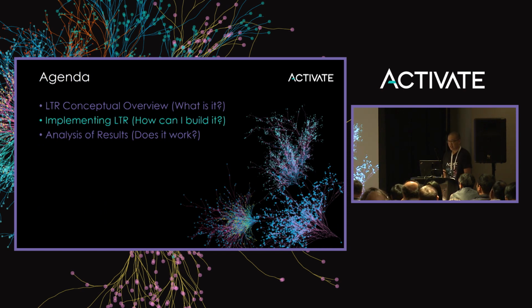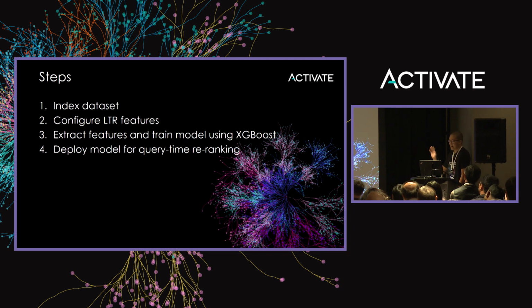So how can we build it? In explaining how we can build an LTR model, I'm going to walk us through a prototype of an LTR model using real data. So what are the high-level steps? First, we're going to index the data set. Second, we're going to configure the LTR features.